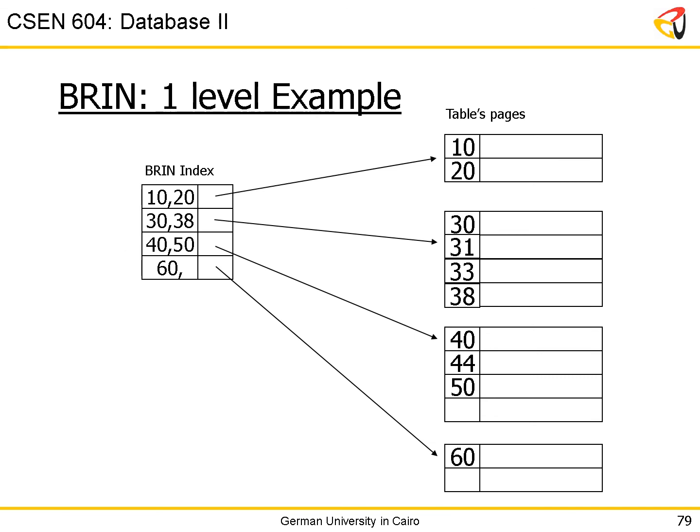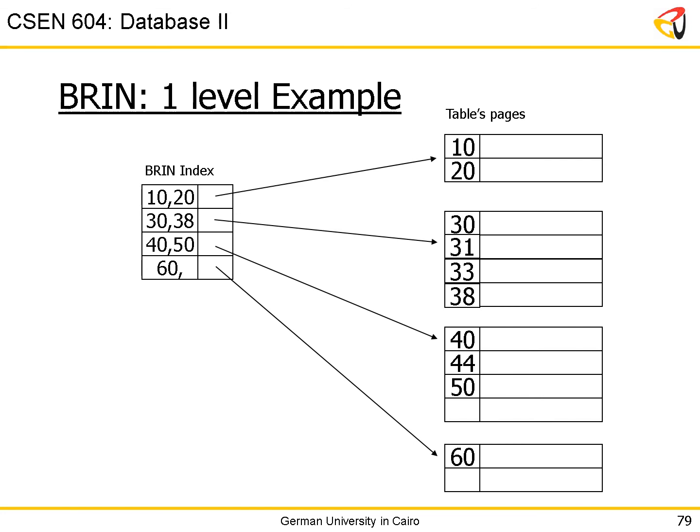Here is an example of a BRIN index. What you see on the right are the table's pages. So I've got only 4 pages I'm showing you here. And what I'm going to do in the BRIN index, I'm going to scan this column I'm building the index on and keep the minimum and the maximum values with me. And I can easily do that by looking at the first row and the last row of every page.